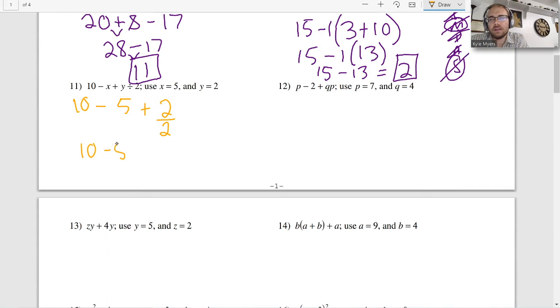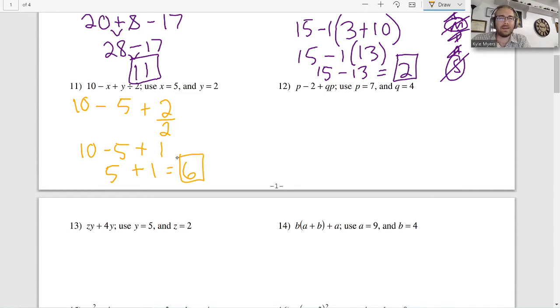So let's do divide. 2 over 2 is 1, right? PEMDAS. We only have addition and subtraction left. Fun fact, multiplication and division you can do together. And addition and subtraction you can do together. Since they're pretty much the same thing, you ever heard of the expression, two sides of the same coin? That's kind of what's going on here, guys. So 10 minus 5 is 5, plus 1 is 6.